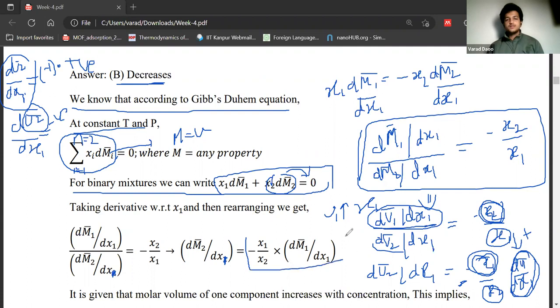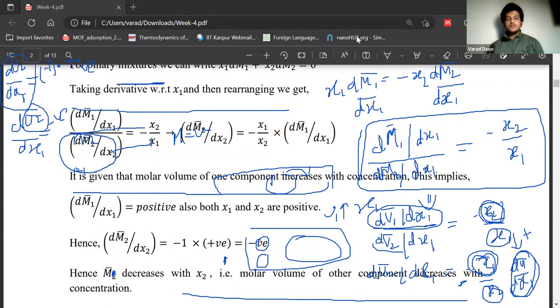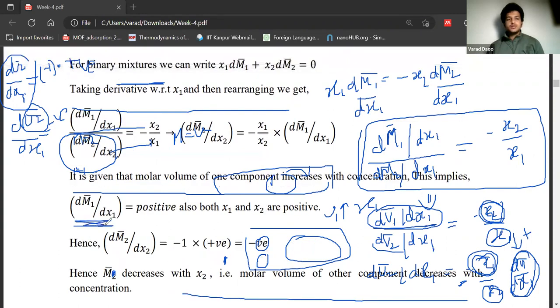See here, minus multiplied, this is going to be positive, this is going to be positive, and this we are already given is positive, it increases with concentration. So what does it imply? Both x1 and x2 are positive, which is also given to us.